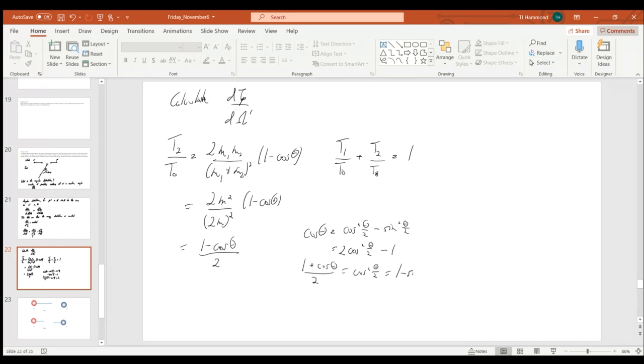But this is 1 minus sine squared theta by 2. And so what you get is 1 minus cos theta divided by 2 is equal to sine squared theta by 2. There's probably faster ways of doing that, but that's the way I just did it. So 1 minus cosine theta divided by 2 is sine squared theta divided by 2.